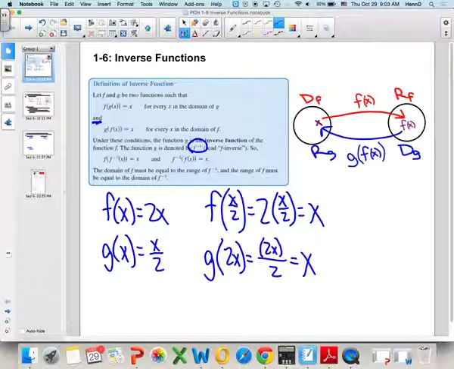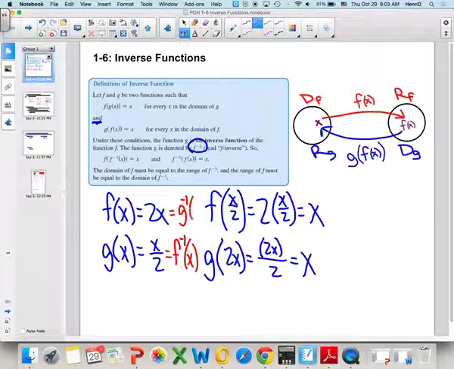Since f of x and g of x are inverse functions, we could call g of x f inverse of x, or vice versa, we could call this g inverse of x if you wanted to. Usually we just pick one or the other. They're inverses of each other.